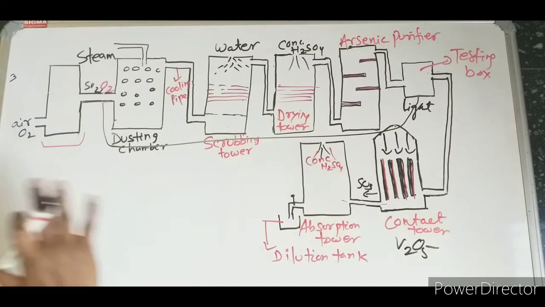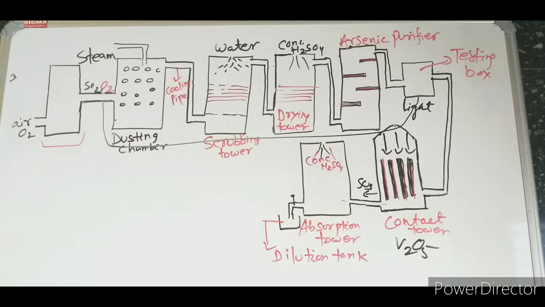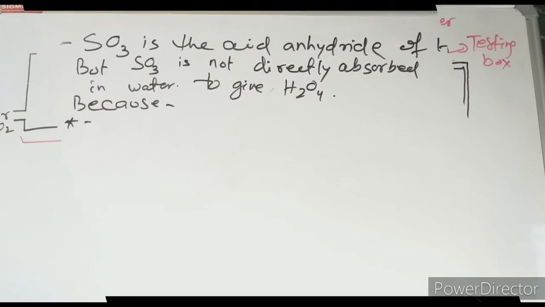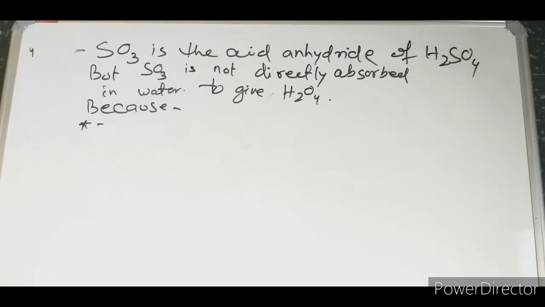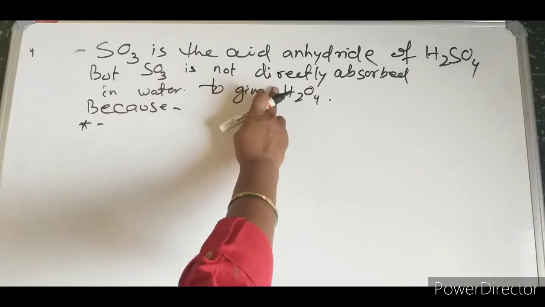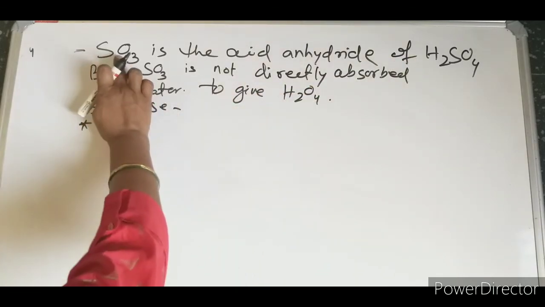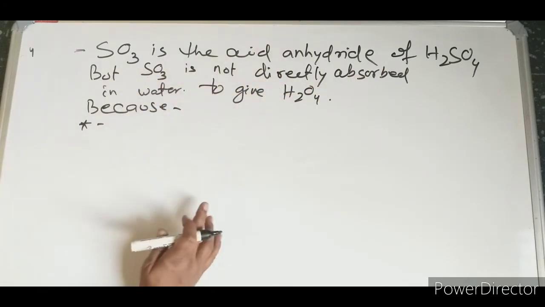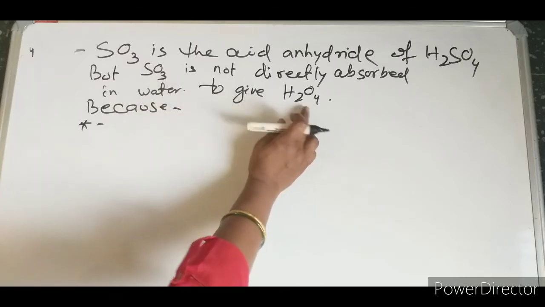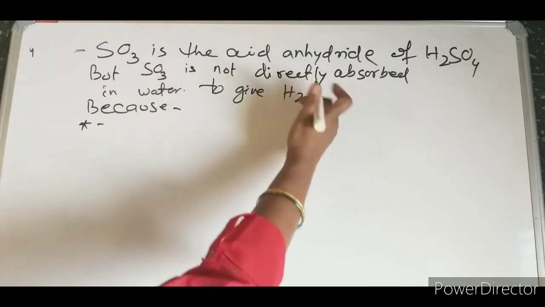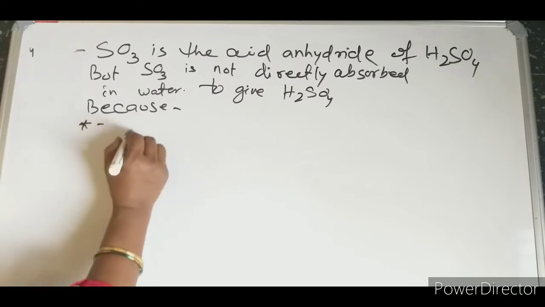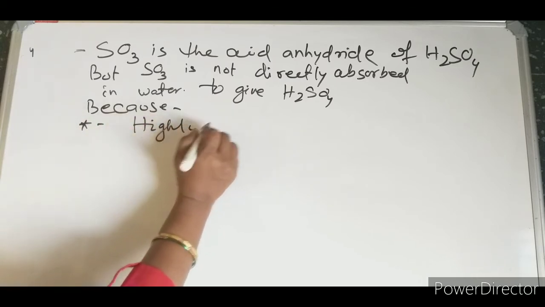Okay, so let me rub this one and let me write this again. Now the question arises: this sulfur trioxide is the acid anhydride of sulfuric acid, because SO3 plus water gives rise to H2SO4. But SO3 is not directly absorbed in water to give H2SO4. The reason is that this reaction is highly exothermic.